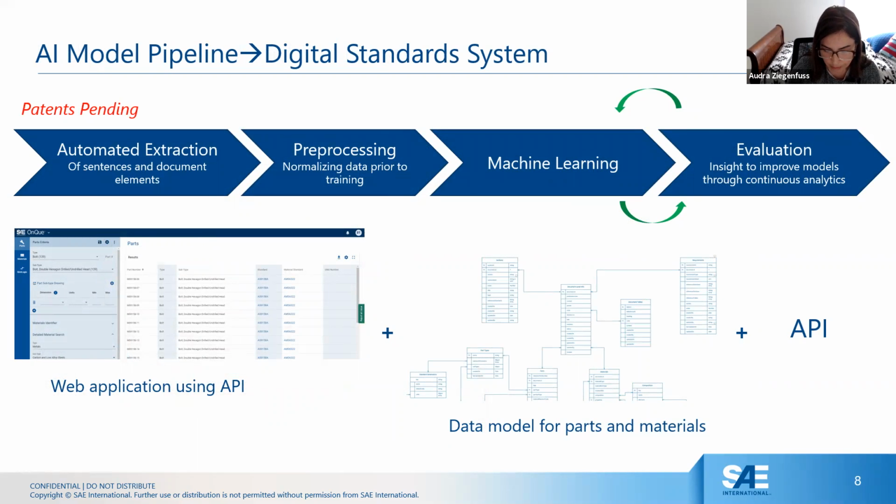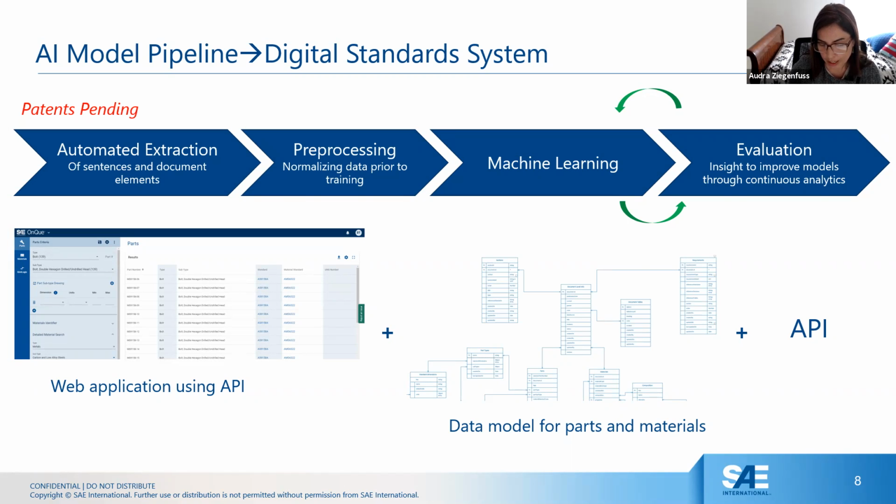So we did come up with a patented methodology and AI models to do this. The first step was pretty straightforward, although it wasn't straightforward in developing the model: the automated extraction. We extracted sections of the documents. We extracted the tables from the documents.